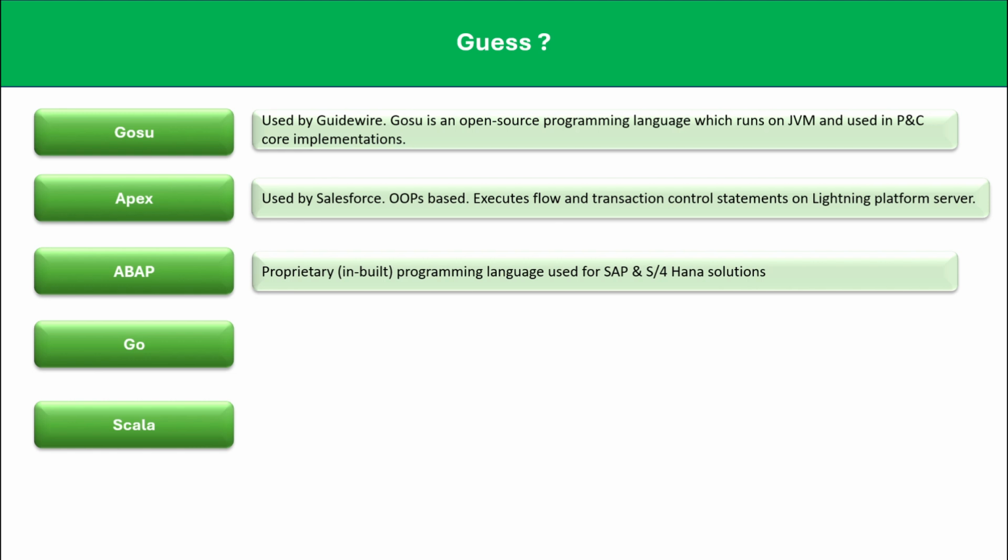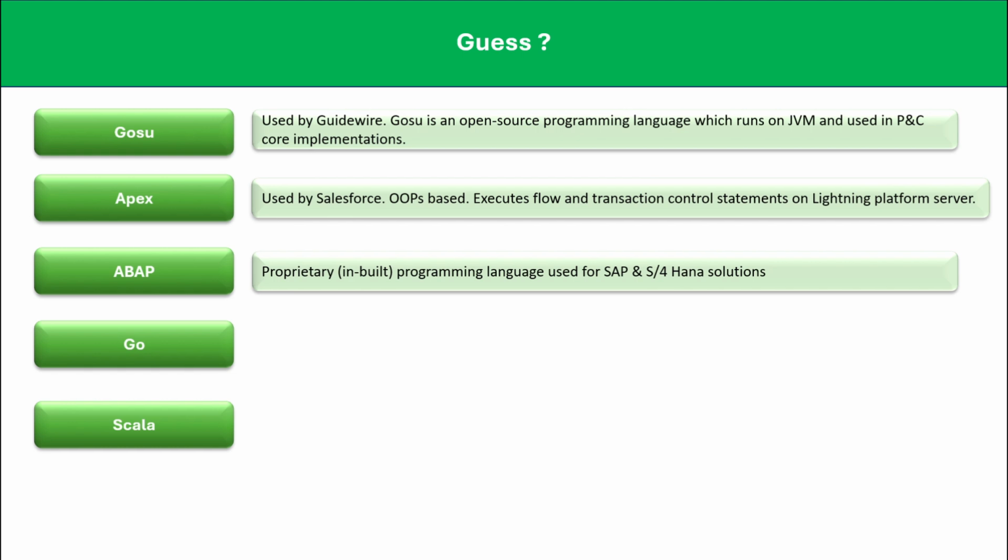And SAP has its own cloud solution as well, we call it S/4HANA. So SAP is one good example of who is really using ABAP, and it's proprietary to them.